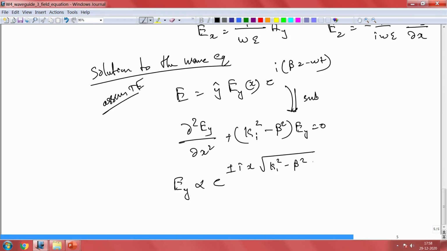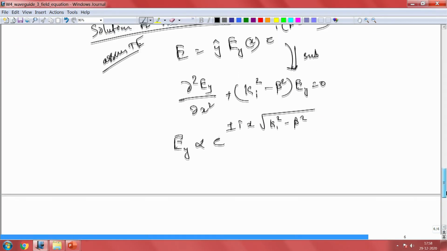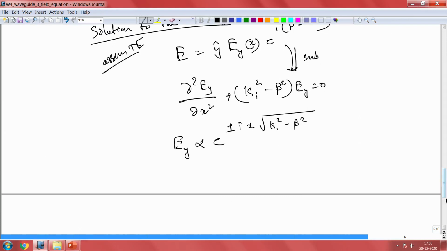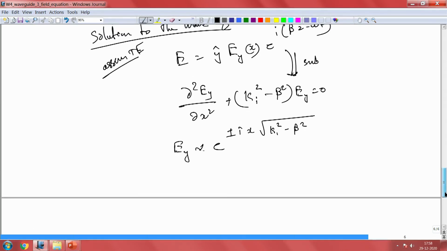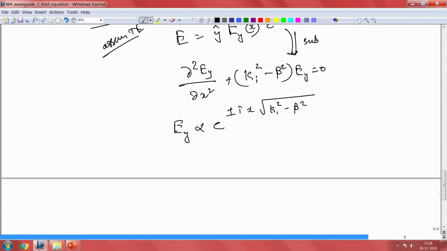So this is how your field is going to look, and the solutions are going to be sinusoidal in nature, which you can see from here. So it will be sinusoidal depending on the magnitude of k. So let's look at the nature of this solution.